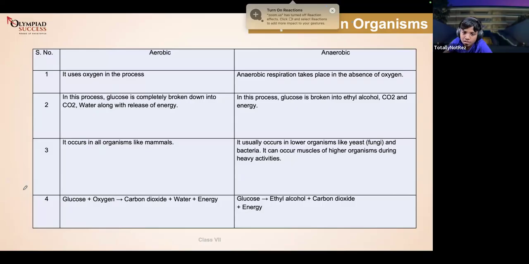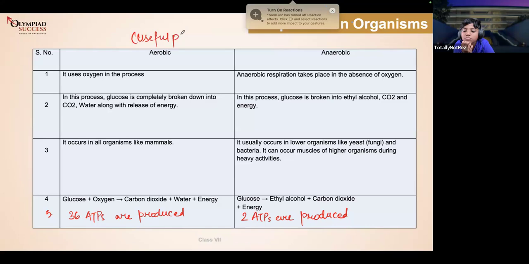Aerobic respiration releases a large amount of energy and anaerobic respiration releases less energy. Clear?